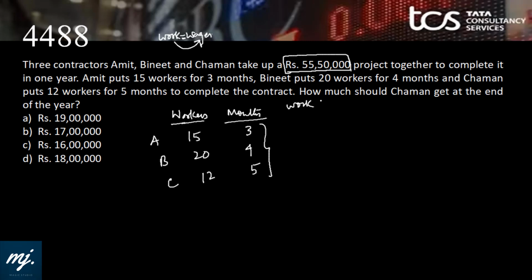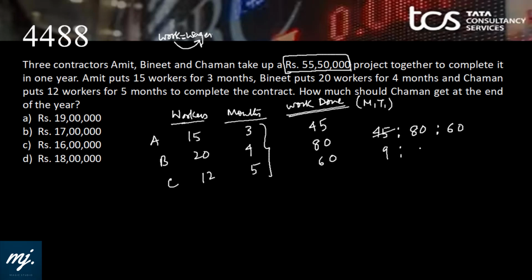So with M into T, we get the ratio in which wages should be distributed. 15 into 3 is 45, 20 into 4 is 80, and 12 into 5 is 60. That means wages need to be distributed in the ratio of 45 is to 80 is to 60, that is 9 is to 16 is to 12. This is for A, this is for B, and this is for C.